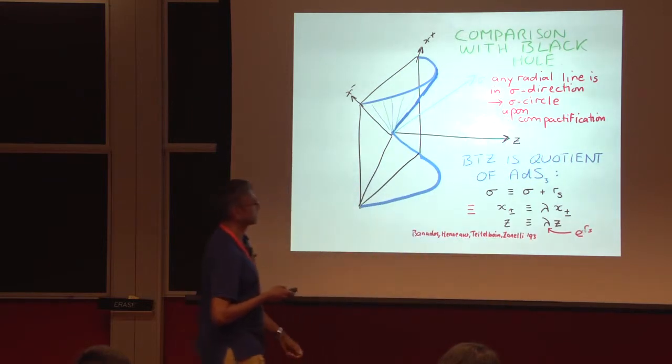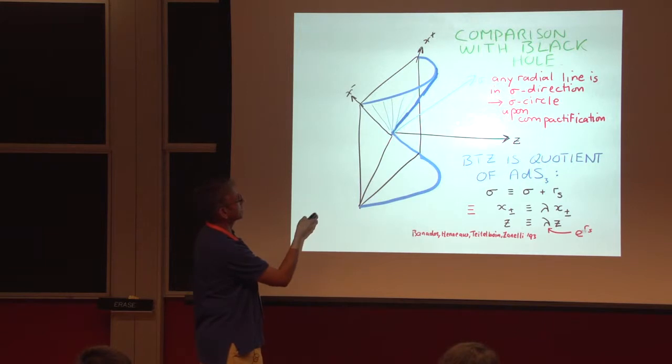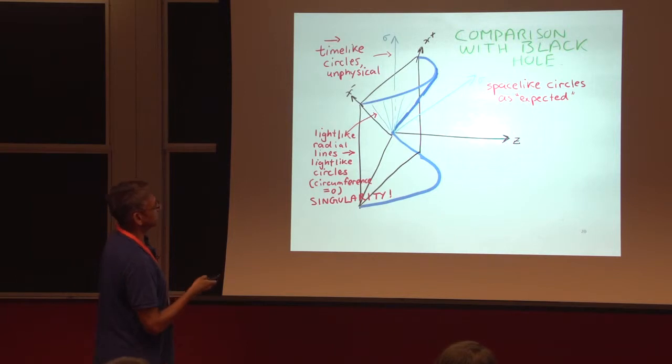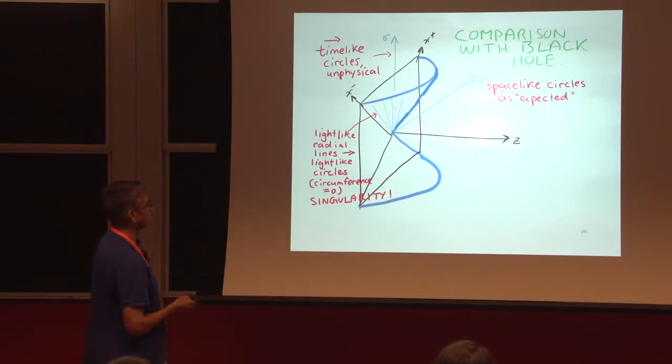Lambda just means e to the R_S. So if you take a radial line like this, it really corresponds to moving in the sigma direction. And if it's periodic, then this becomes a periodic circle. Okay? And now you'll see the problem, or the issue, that this thing is a space-like direction, and so it'll turn into a space-like circle. That's what we were hoping for.